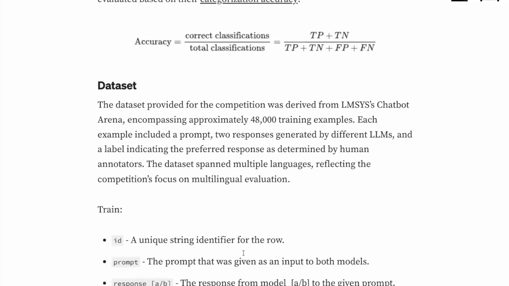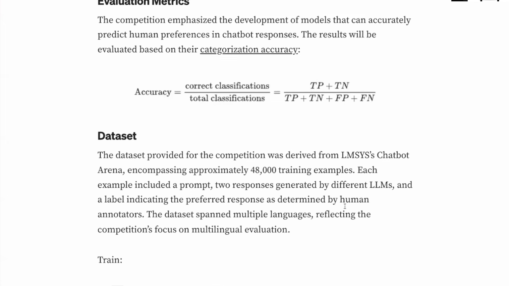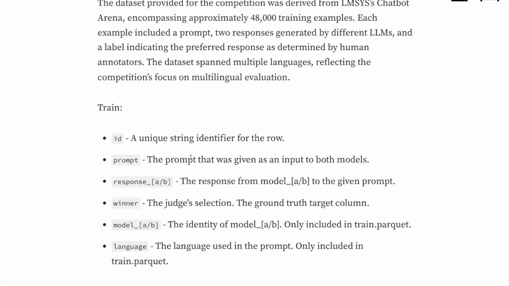The data set provided is from the Chatbot Arena, with about 48,000 training examples across languages. Each example includes a prompt, and the same prompt was given to both models.